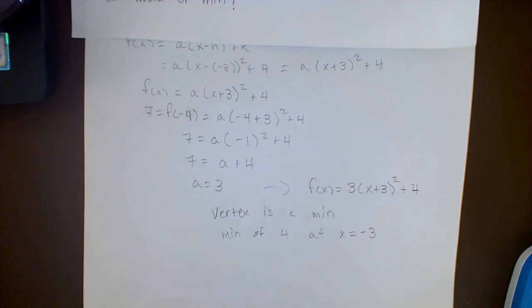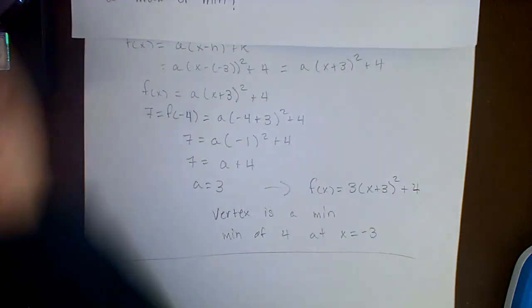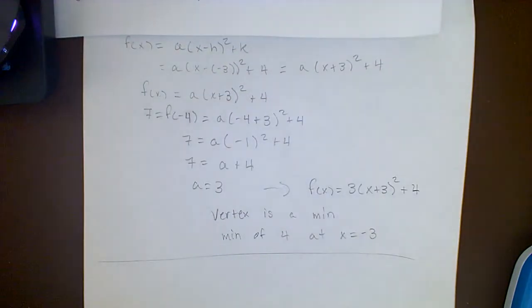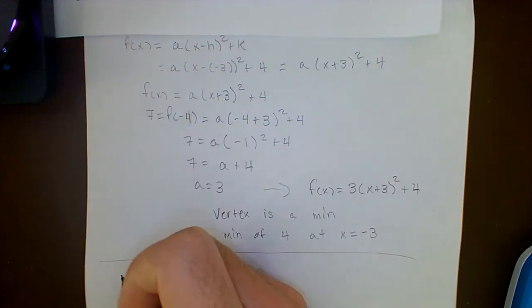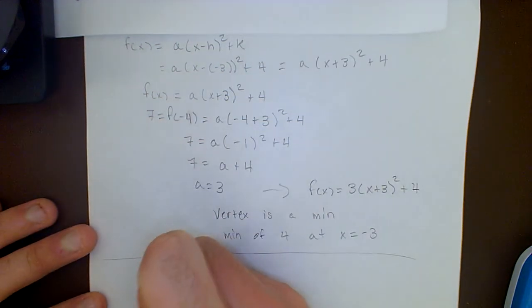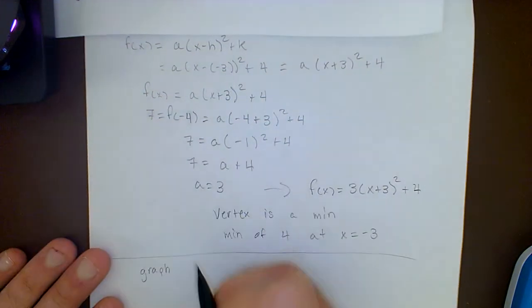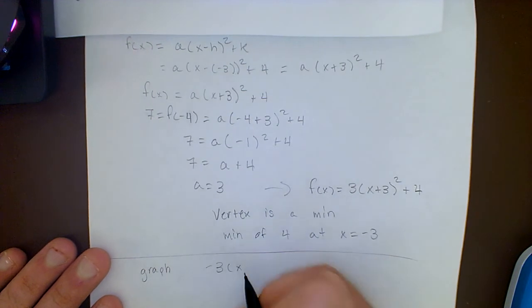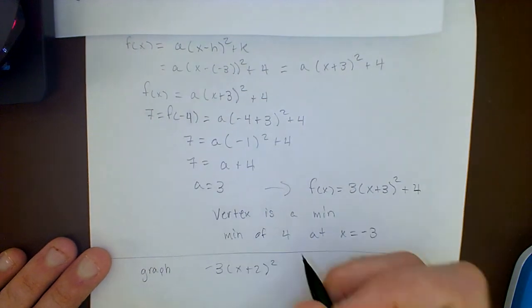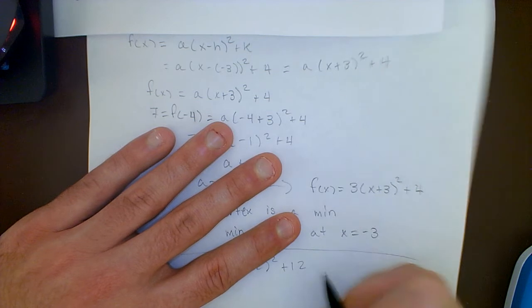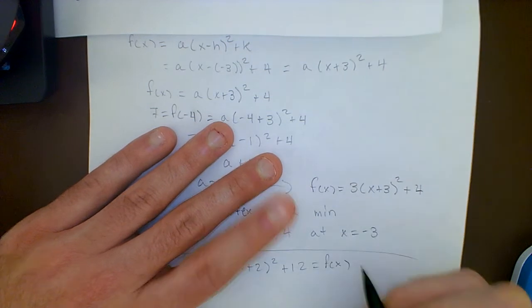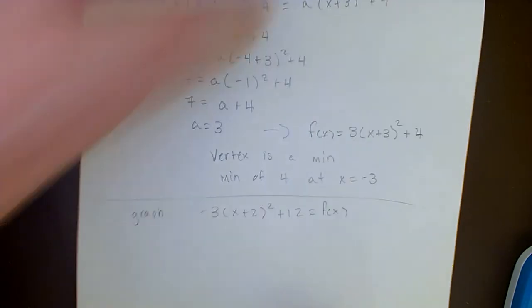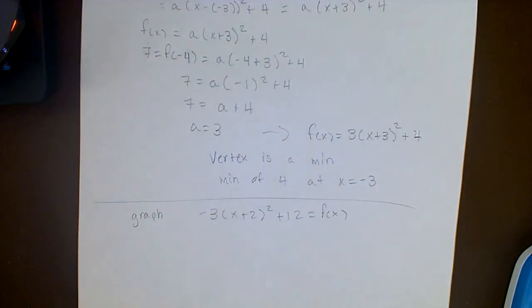Now we're going to move on to the next example. Okay, so we're going to talk about now sketching the graph of negative 3 times x plus 2 squared plus 12. Okay, so remember we have some key pieces of information that we have to look for here.